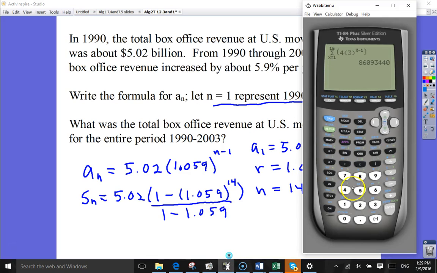All right, I'm going to go 5.02, store alpha A, enter. R, so 1.059, store alpha R, and N is 14. 14 store alpha N.